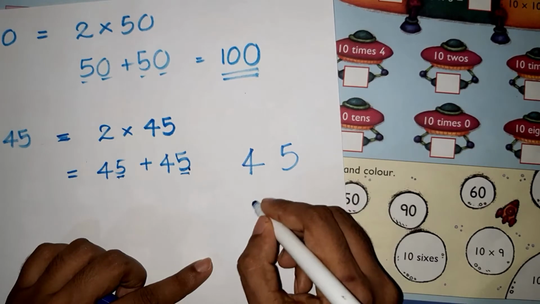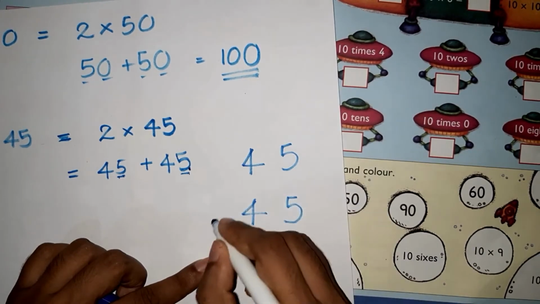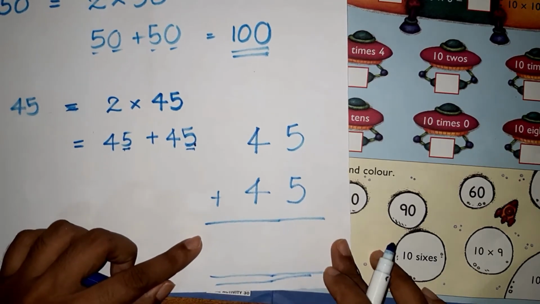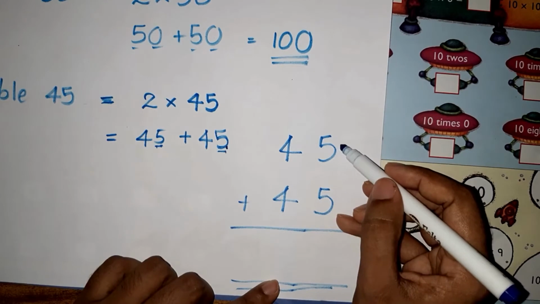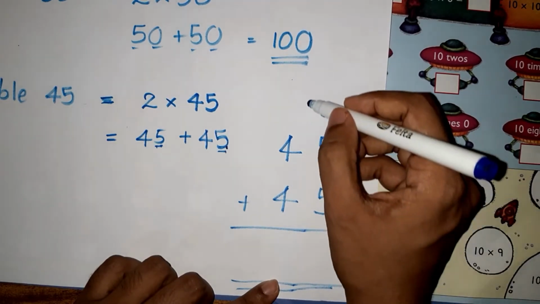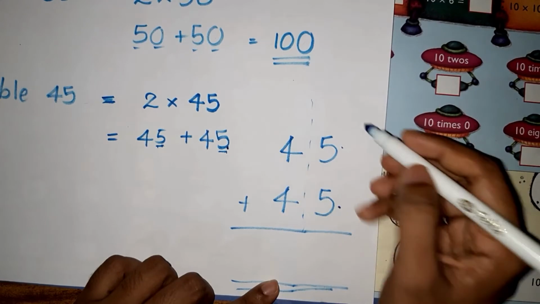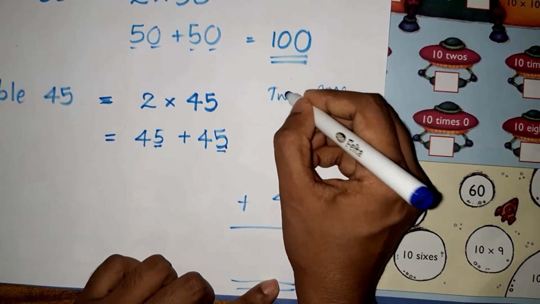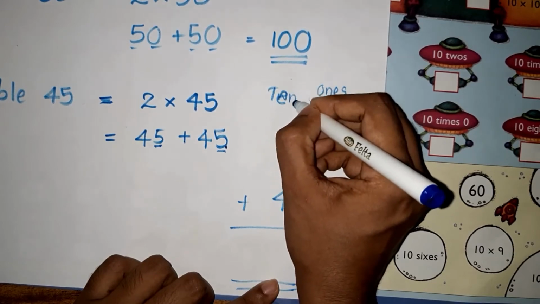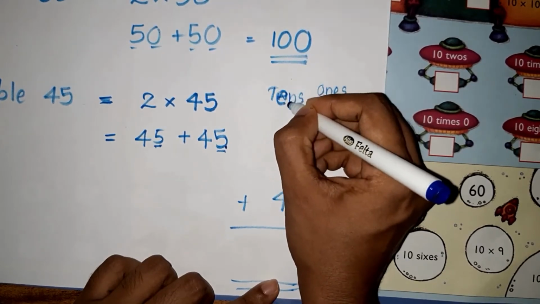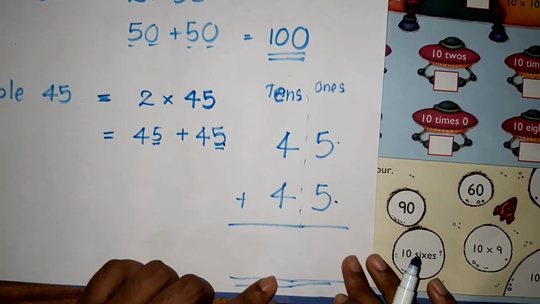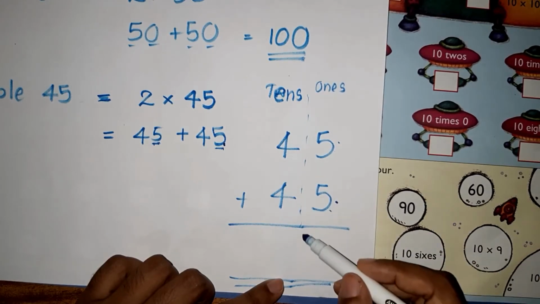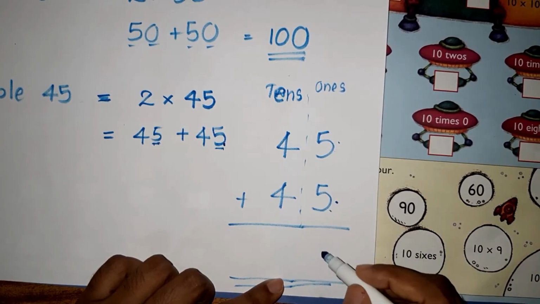45 and 45 plus, and the answer is here. Okay. Now I'm adding the ones placed together at first. We know that this is ones place and tens place. Okay. So here 5 plus 5, we have 10, but we can't write 10 here. So we are writing only the 0.